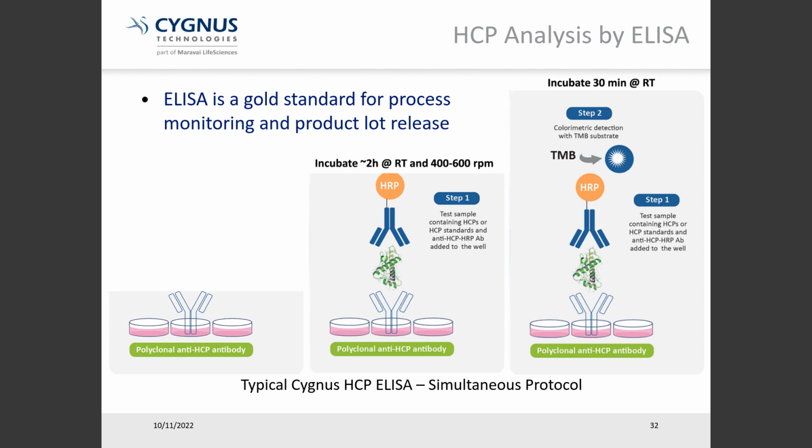The plate comes coated and blocked with the capture antibody. Then there is a simultaneous incubation of the sample, standards, and controls with the detection antibody. That's typically a 1 to 2 hour incubation, followed by a single wash, and then detection with TMB. So these can typically be done from start to finish in about 2.5 hours.